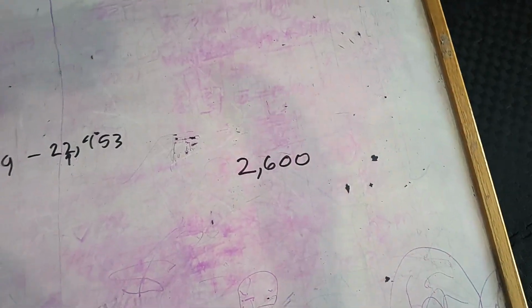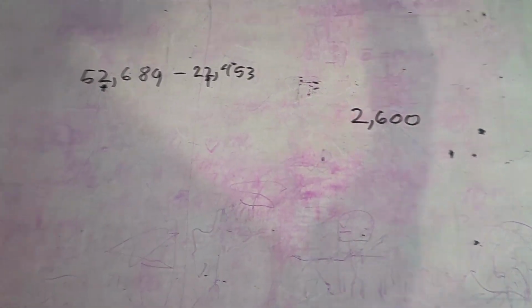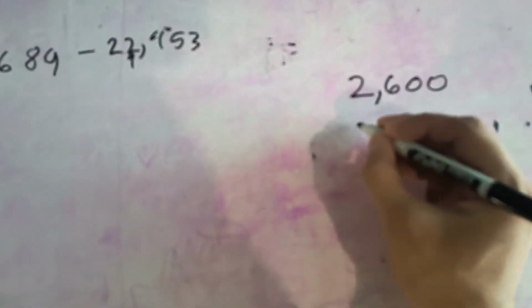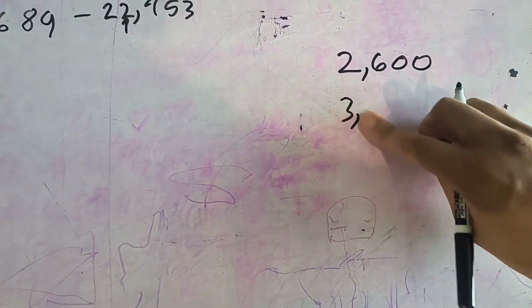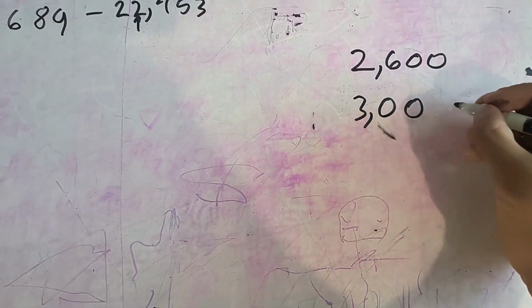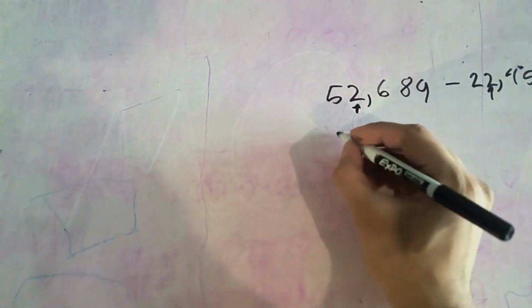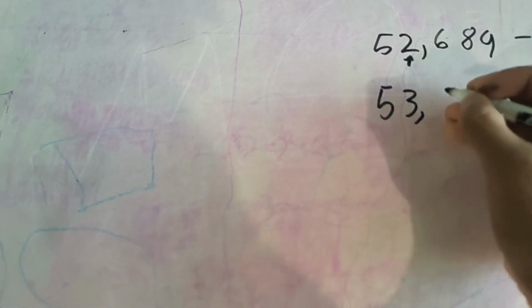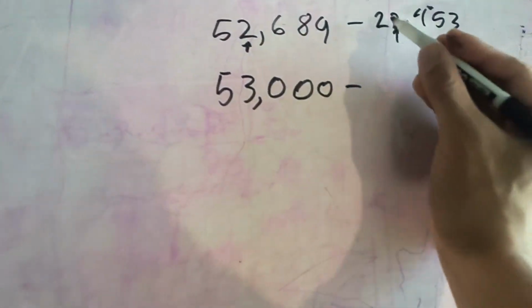What is the closest thousand to 2,600? That's 3,000. So we would put 53,000.